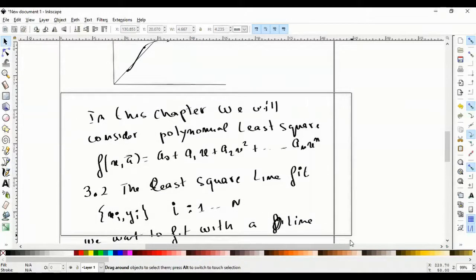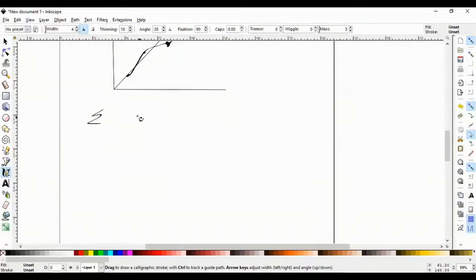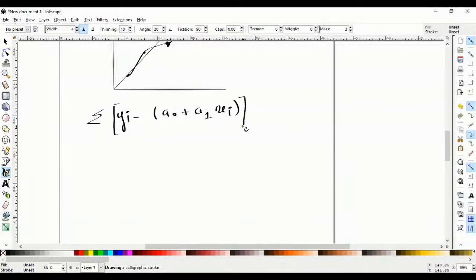So now let's derive the equations for this square. What you want to minimize is the sum of yi minus (a0 plus a1 xi), everything squared, with i equals 1 till n.